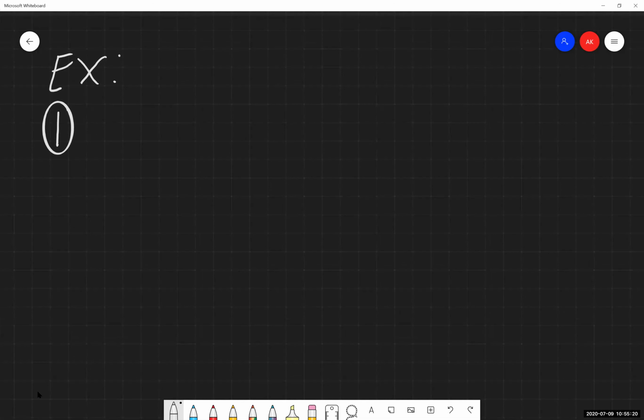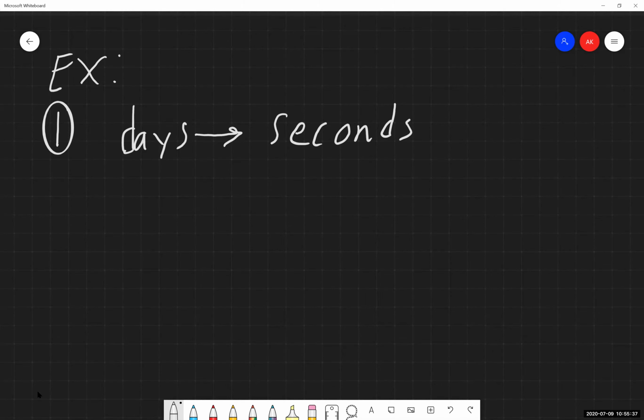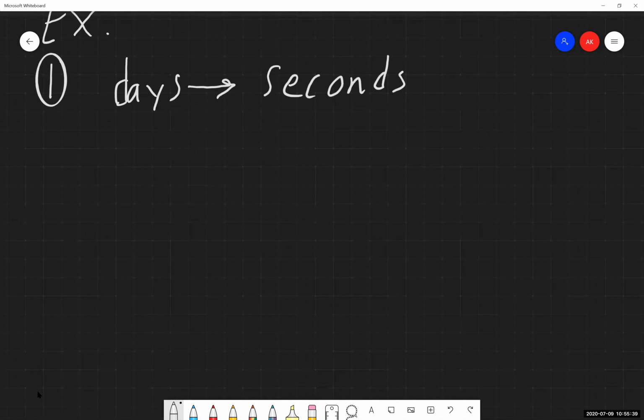You don't need to use anything fancy, but something to the effect of this. For example 1, we're going from days into seconds. So we know what unit we're starting in, and we know where we should be ending. So that's our overall game plan, essentially, where our starting point is, where our ending point is.